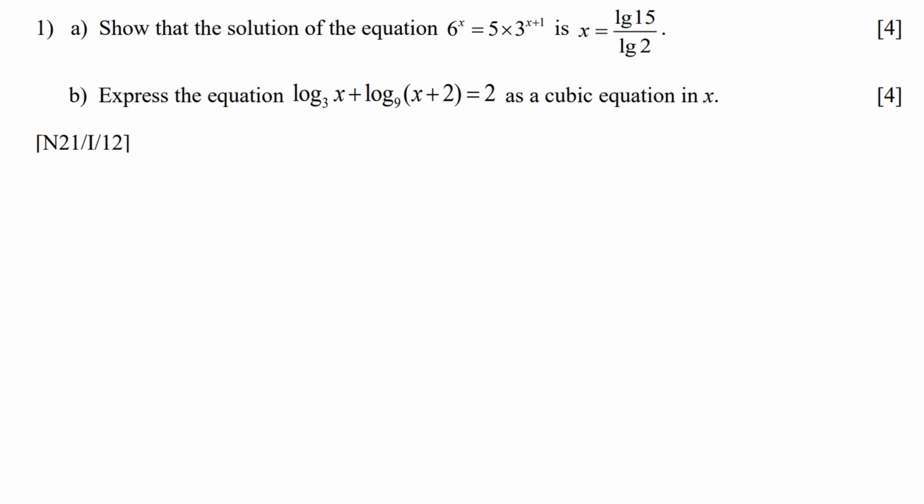Alright, I'm going to show you method 2. For method 2, I won't be bringing log to both sides. I'm going to do some simplifications using the rules of indices that we have learned earlier.